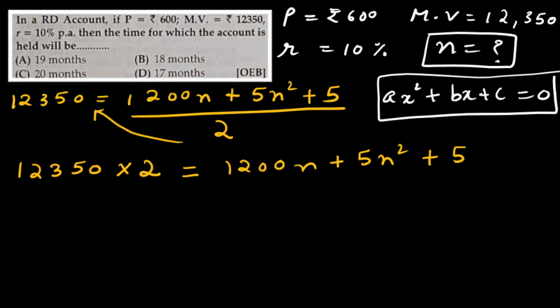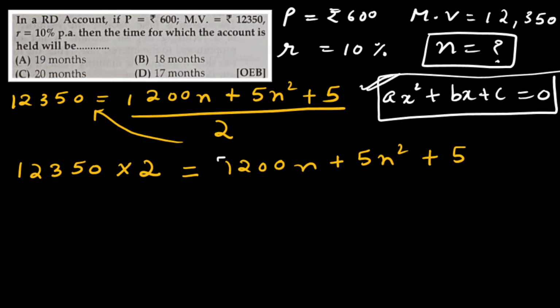I am assuming you already know how to solve, either by factorization or by using the quadratic formula. But we have to first convert the equation into this form, ax square plus bx plus c, which is the standard form. If we multiply these two, it will become a very big number.